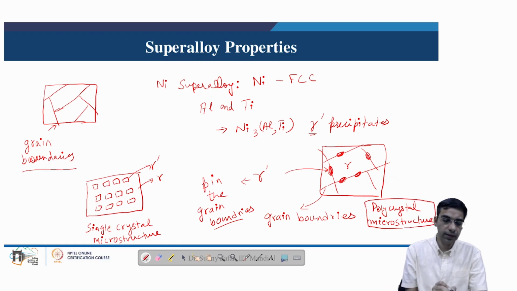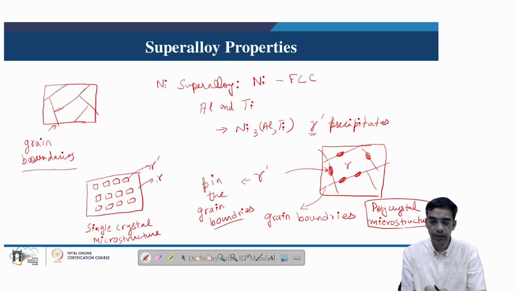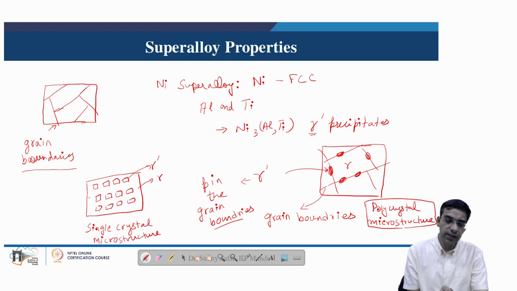Now in single crystal, there also the coherent precipitates can be present, and the presence of these coherent precipitates may further be enhanced by subjecting the superalloy to specific heat treatment cycles, and those heat treatment cycles can result in generation of more precipitates.